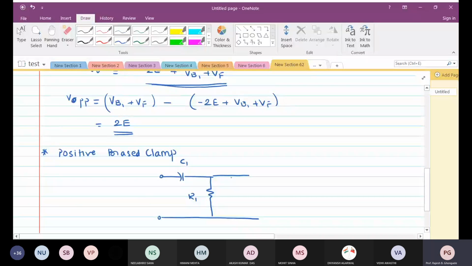Now look at the diode, the way in which the diode is connected. So this is going to be D1. This is where you apply the input. This is where you get the output.